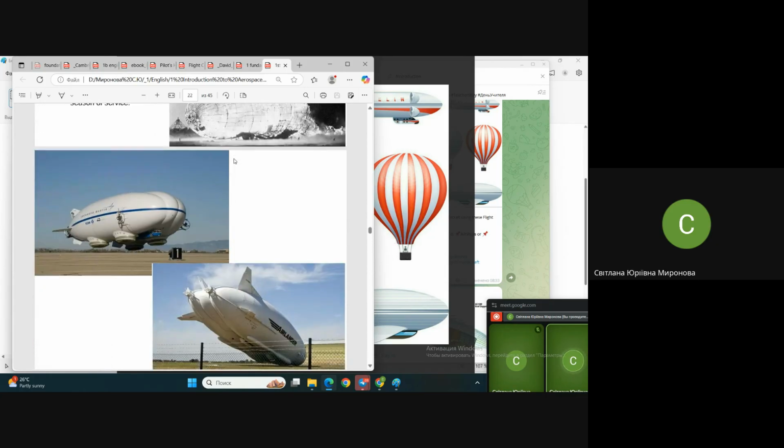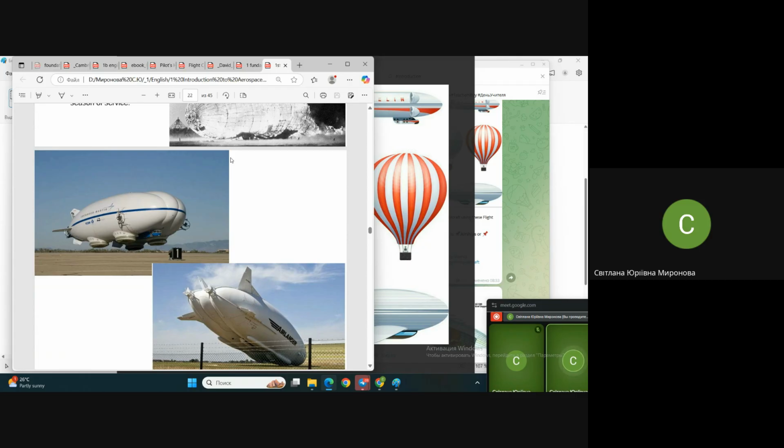But now they are coming back. Why? Once again, they are able to transport huge cargoes. Yes, they are slow. Yes, they are huge in size, but they may transport cargoes practically without much fuel, so they are economically efficient in this sense. And the perspective of such a type of device is very interesting both for passenger transportation and for cargo transportation.